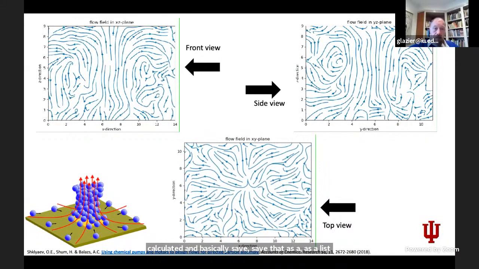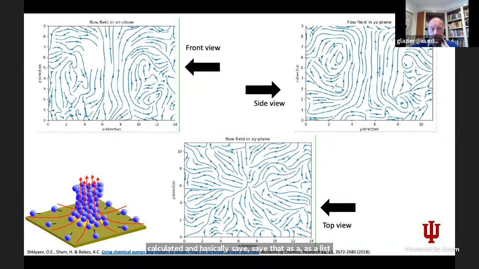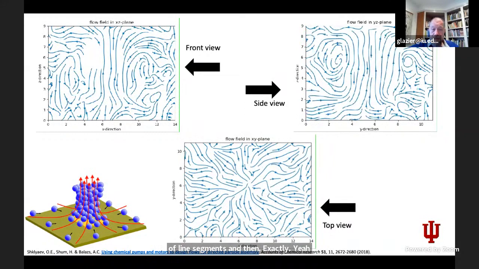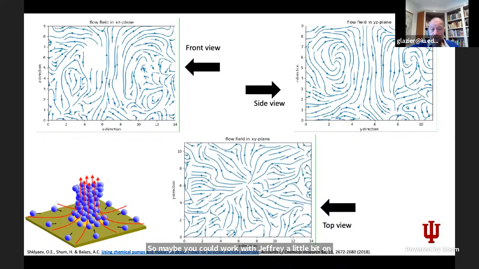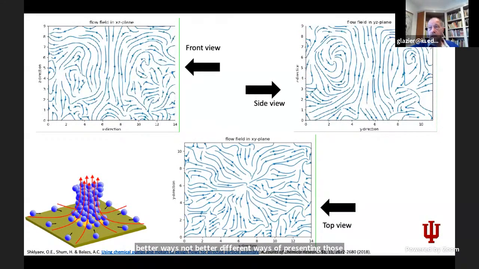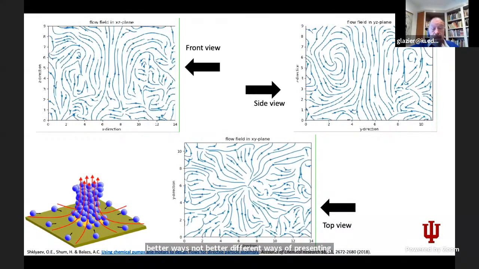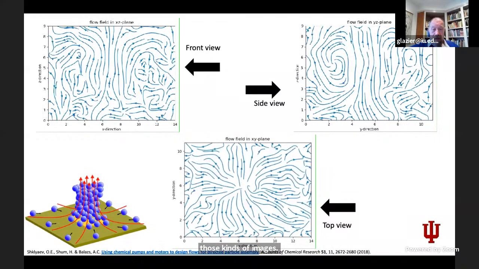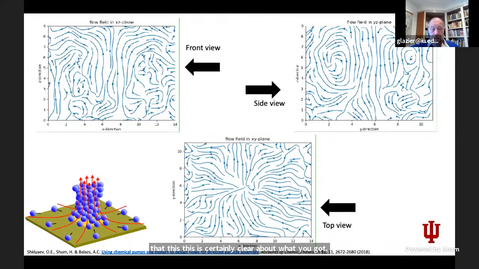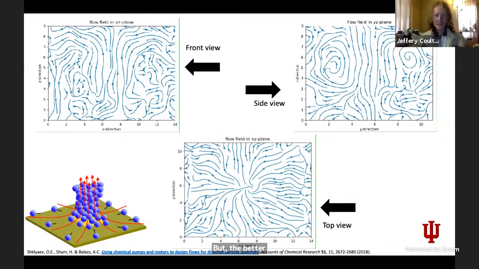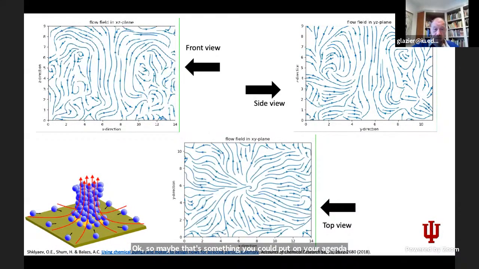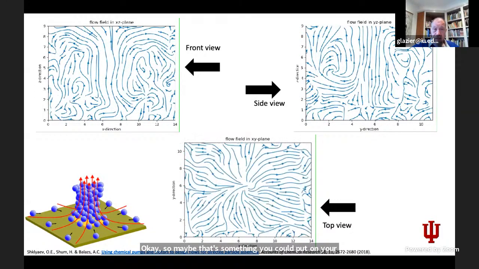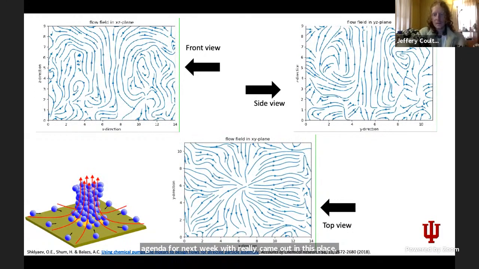So maybe you can work with Jeffrey a little bit on different ways of representing those kinds of images. Again, this is certainly clear about what you've got, but it can be better. Maybe that's something you could put on your agenda for next week, thinking about displays. Okay, great, thank you.